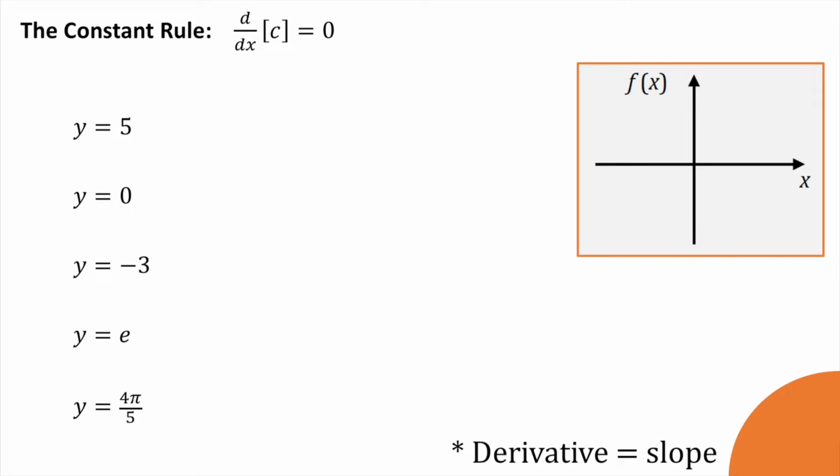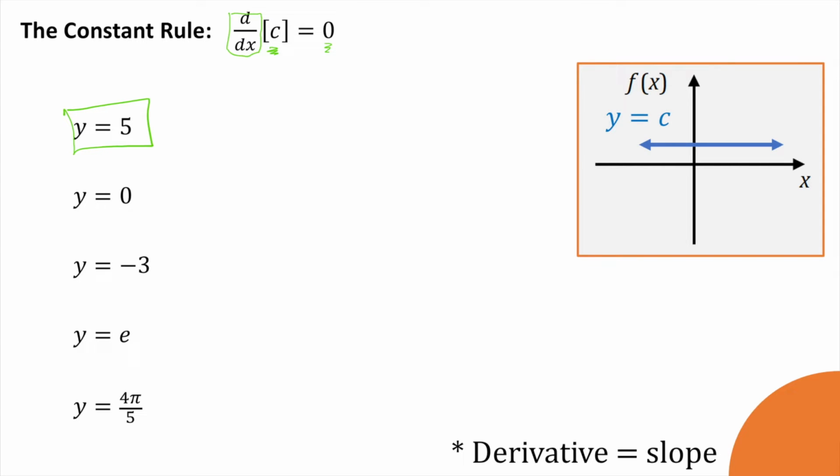First shortcut is called the constant rule. This d dx, that means derivative. So if you're taking the derivative of a constant, the slope is 0. Why is that? Let's take y equals 5. That's literally just the line y equals 5.